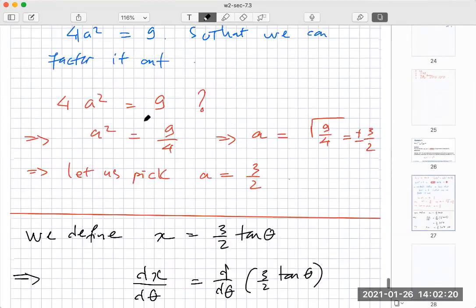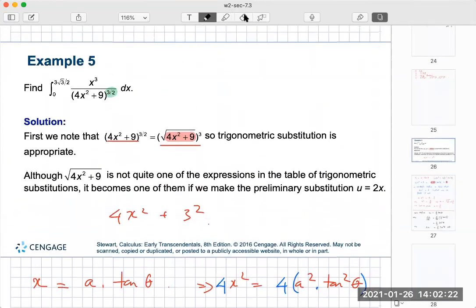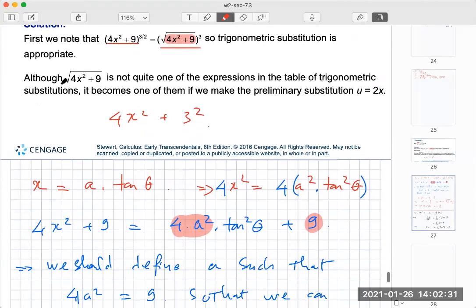Okay. Here is the definite integral, right? What should we do? Yes, change the limit.